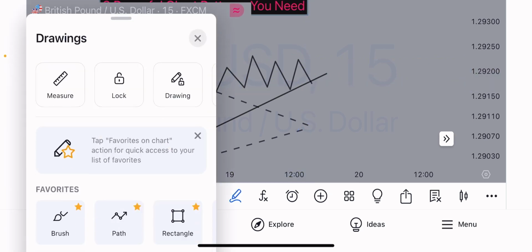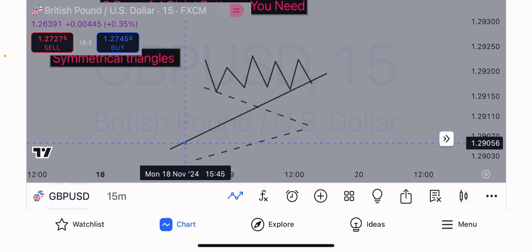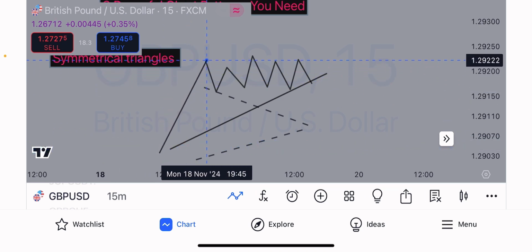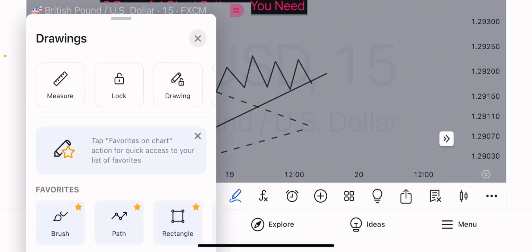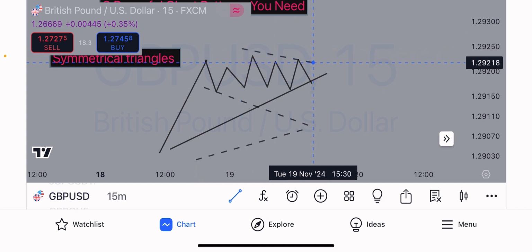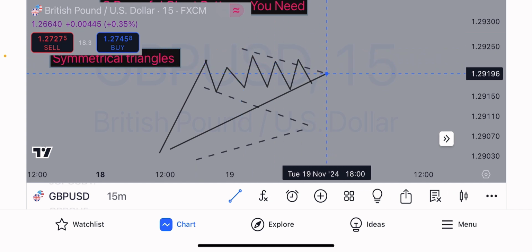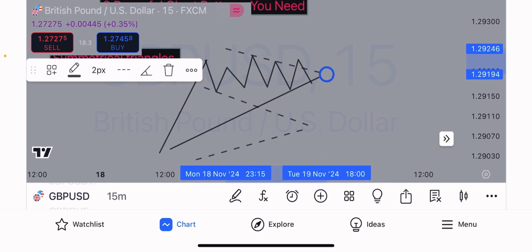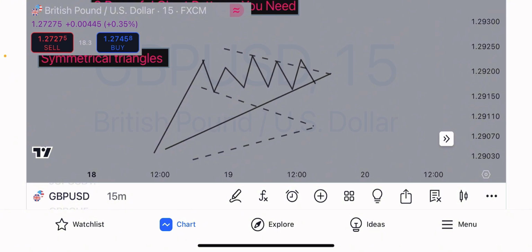Then the market is coming from this top, right? Then you have something like this from here. You have something like this from here. If you look closely, a symmetrical triangle has been formed. I don't know if I arranged this well. A symmetrical triangle has been formed. Two converging trend lines.